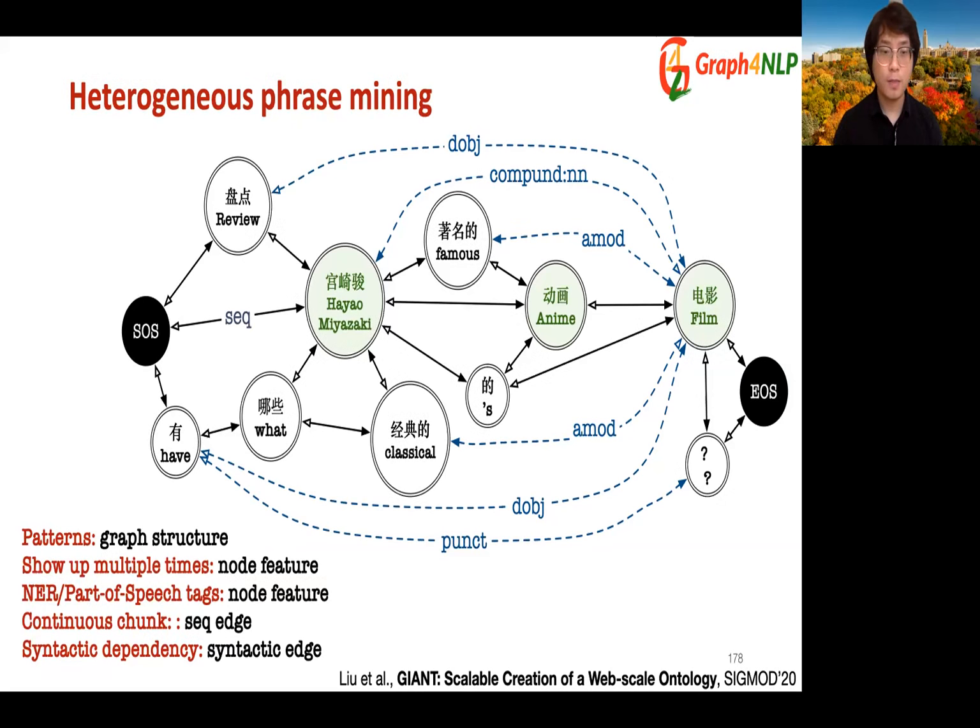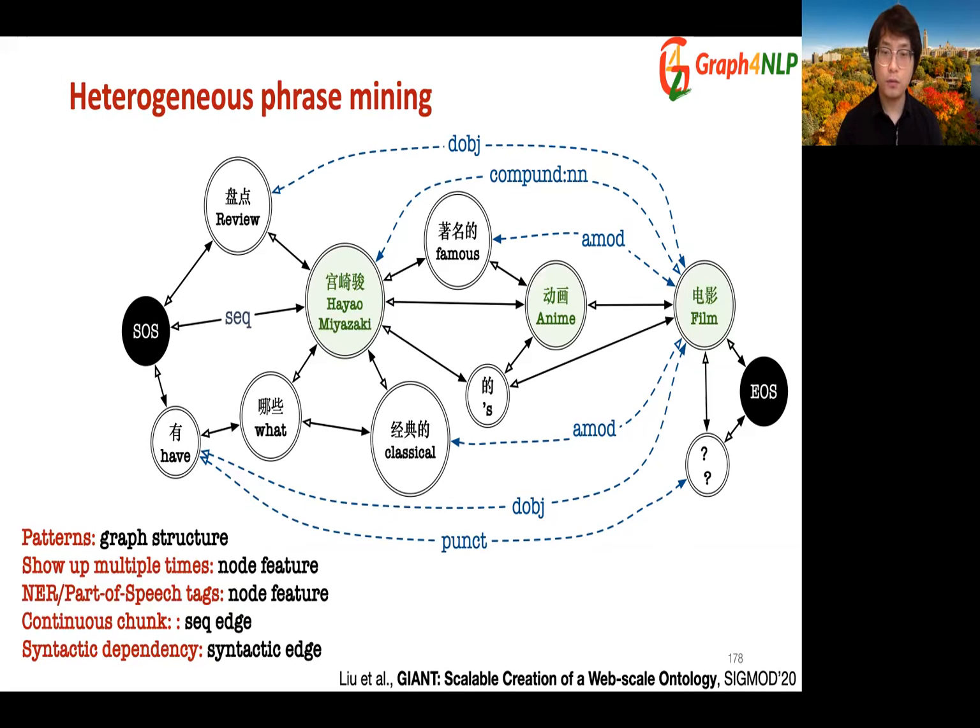Basically, first we append a virtual start of sentence and end of sentence node for each query and document title. Then in this graph, each node is a unique word among all the queries and titles. If two words are adjacent to each other in any query or title, we append a sequential edge, SQ, between them.